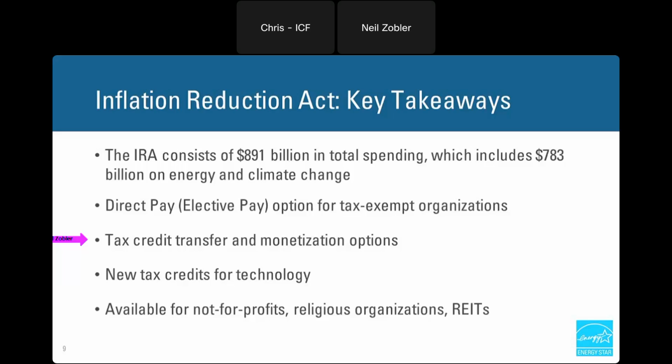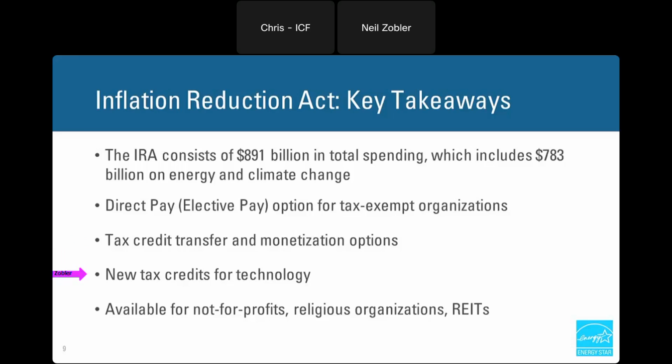So this is really a big change, and it's a wonderful change with regards to moving the market, certainly in the public sector. Private sector, they've always been able to take advantage of the tax credits and deductions, but the public sector folks have been hamstrung. They've been restricted, and that's a wonderful thing.